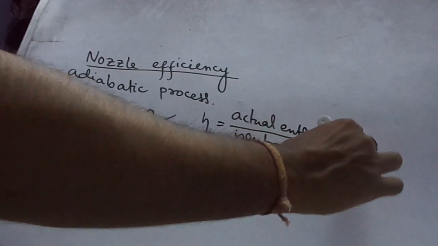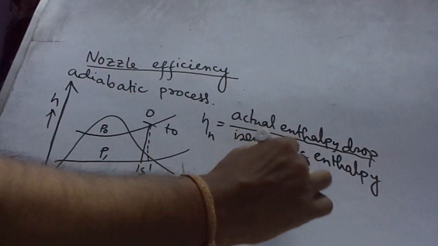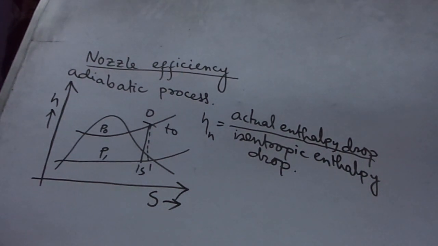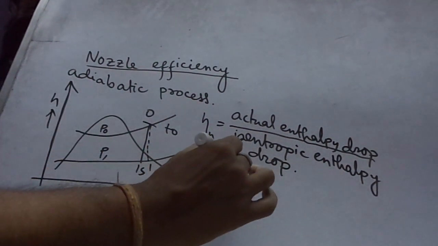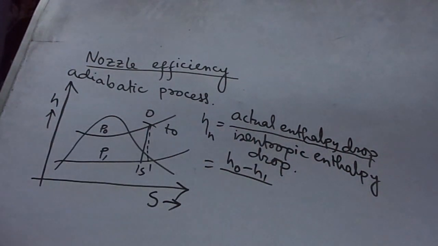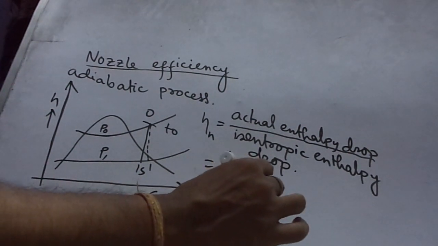So that is equal to H0 minus H1 divided by H0 minus H1s.